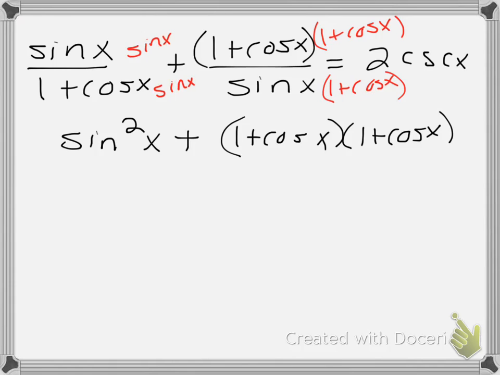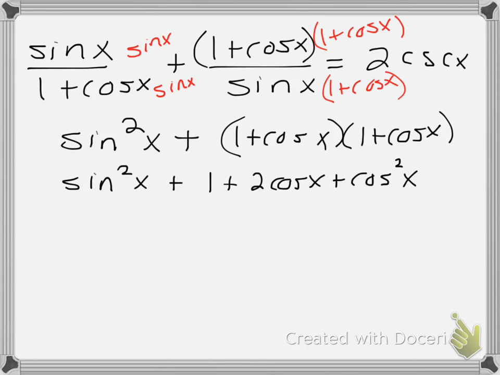So really I'm saying, what is 1 plus cosine of x times 1 plus cosine of x? If we FOIL it out, I'm just going to rewrite my sine squared of x, and I'll have 1 plus 2 cosine of x plus cosine squared of x. So this is in my numerator right now. I got the 2 cosine of x from the FOIL: 1 times cosine of x is cosine of x, cosine of x times 1 is cosine of x, and cosine plus cosine gives me 2 cosine of x.